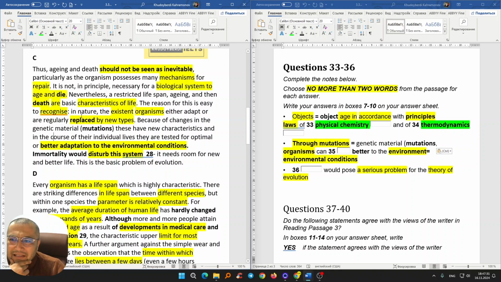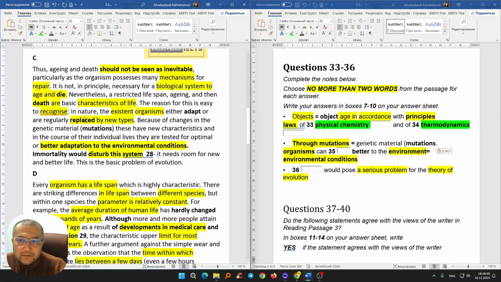The reason for this is easy to recognize. In nature, the existent organisms either adapt or are regularly replaced by new types. Because of changes in the genetic material, these have new characteristics, and in the course of their individual life, they are tested for optimal and better adaptation to the environmental conditions. Okay, and if you pay attention here, we have two verbs, adapt and replace, right?